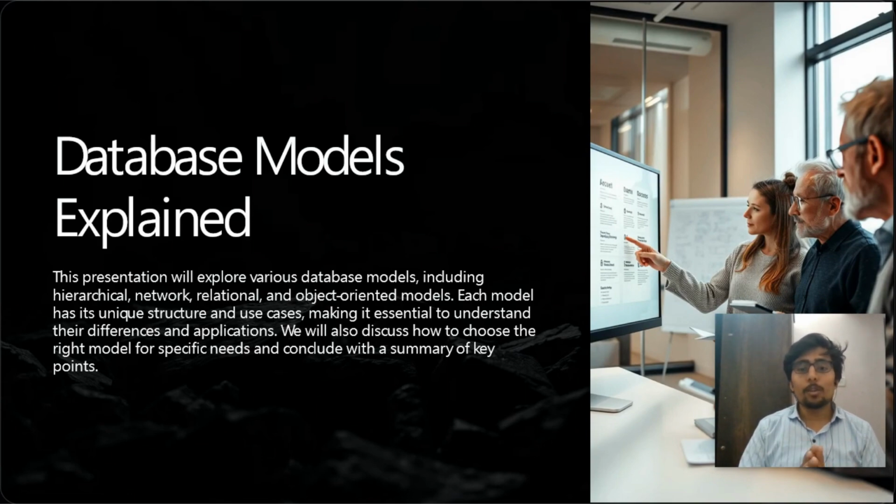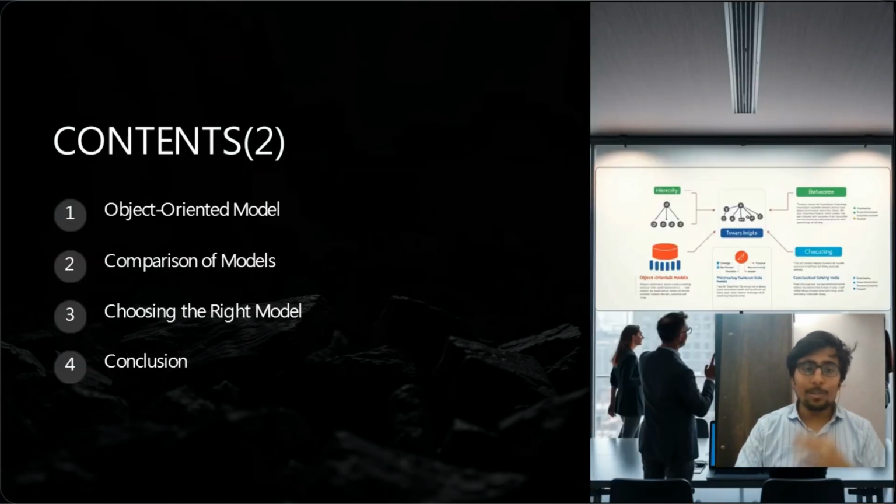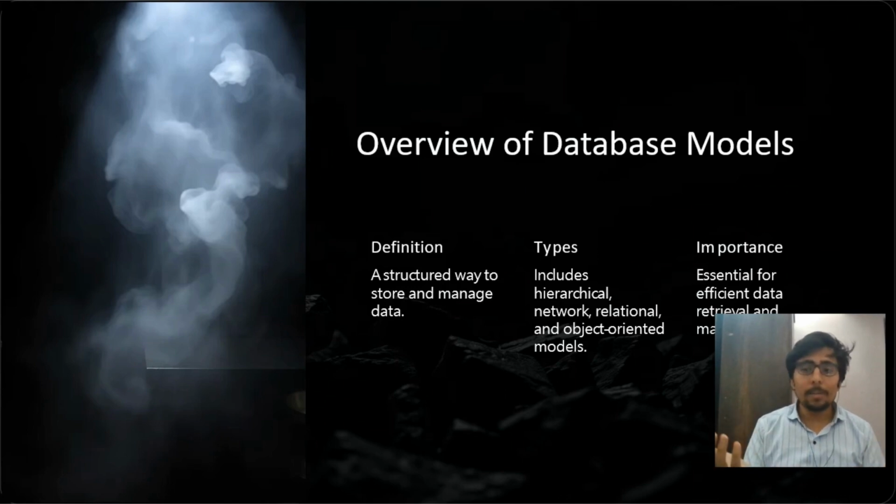So the database model is basically the structure and logic used to store and retrieve data. It's a structure, you can say. So how data is stored, it's a structure basically. Like if you're building a house, right? You will know how to build a house, what are the things required, what are the properties, what are the basics and everything, right?